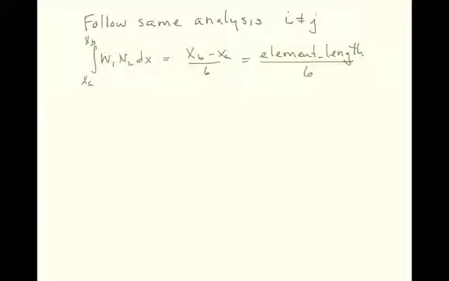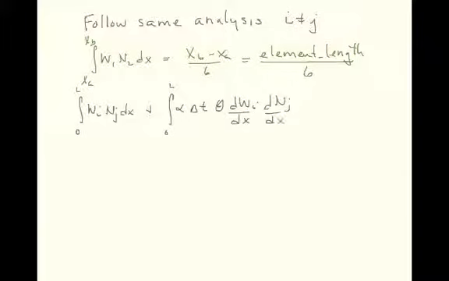Okay, so now if we go back to look at what our A matrix was, let's write that again so that we have it. It was the integral from 0 to L of W_i N_j dx, plus the integral from 0 to L of alpha delta t theta, all of which can come outside of the integral, times dW_i/dx dN_j/dx dx, and all of this was multiplied by T_j.